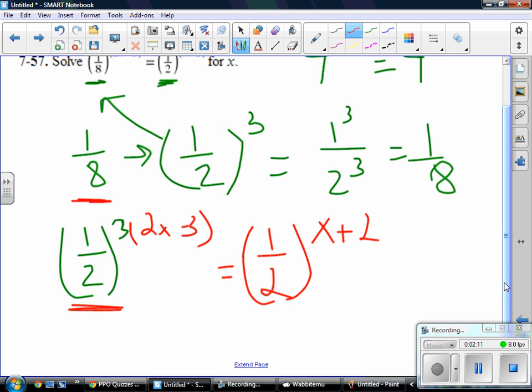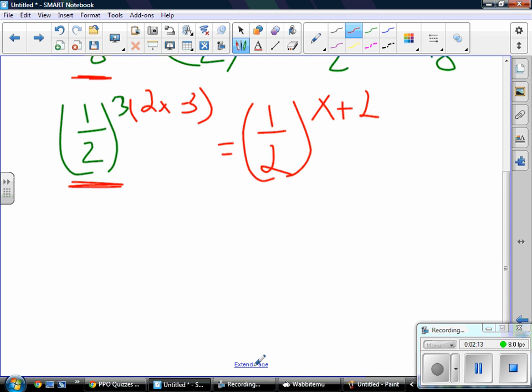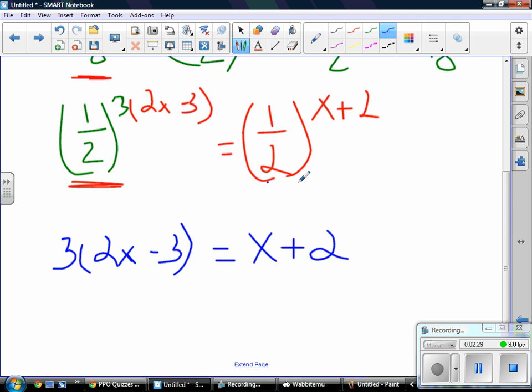Now that I have the same bases, I know my exponents need to equal each other. So I have 3 times (2x minus 3), that's my one exponent, equals x plus 2. Since my bases are the same, I can get rid of them and just worry about the exponent. So now it becomes a really simple equation to solve for x.